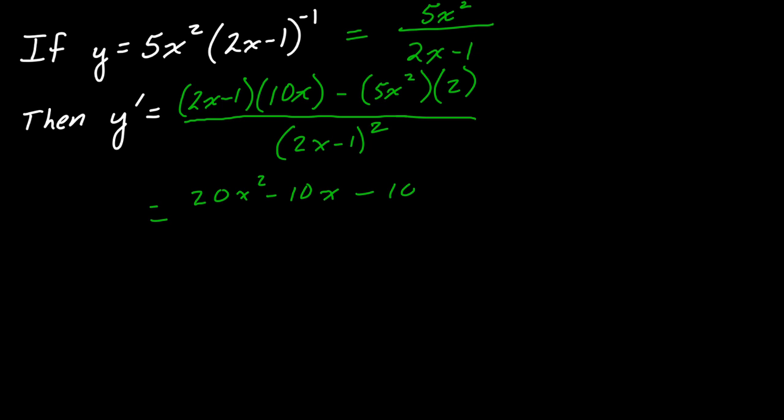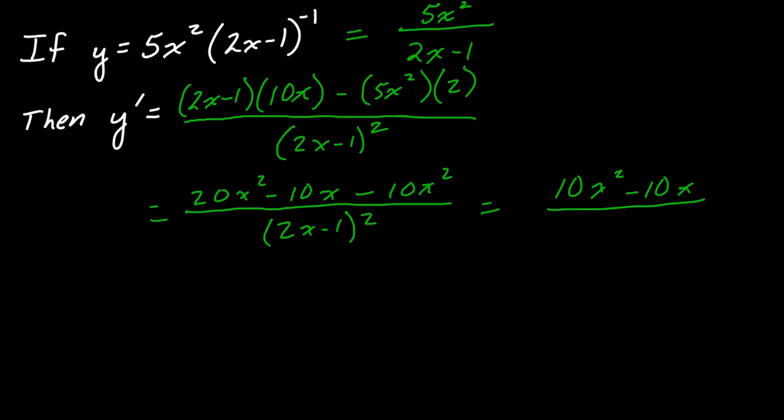Then we've got a minus 10x squared all over 2x minus 1 squared, which we now combine like terms, giving us 10x squared minus 10x over 2x minus 1 squared. And yes, we could factor a 10x out of the numerator, which would give us 10x parenthesis x minus 1. However, it really doesn't benefit us any because nothing's going to cancel with the denominator. So I'm just going to leave it in this format right here.